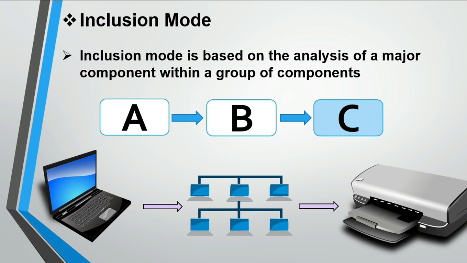Using inclusion mode, it is based on the analysis of the major component within a group of components. Here, this is a group of components, and the major component is the printer. So using the inclusion mode, we will focus just on troubleshooting and diagnosing this printer.